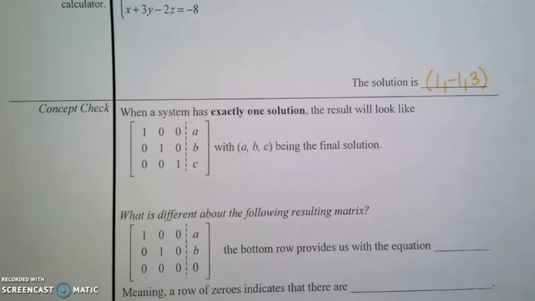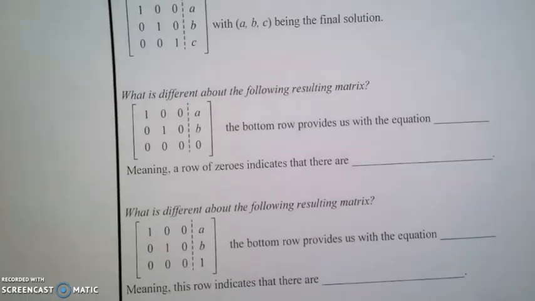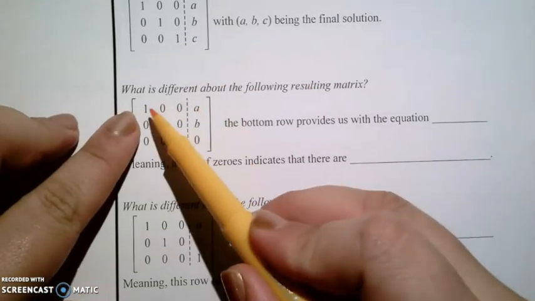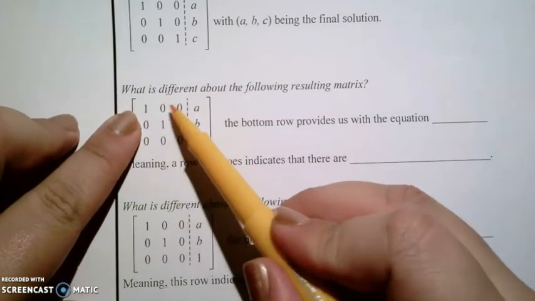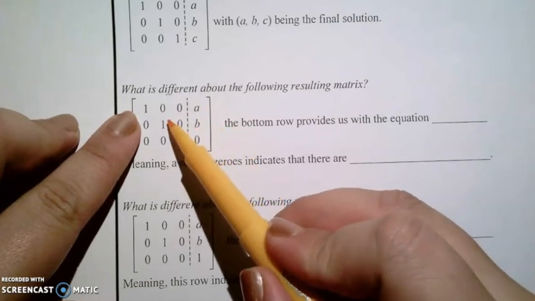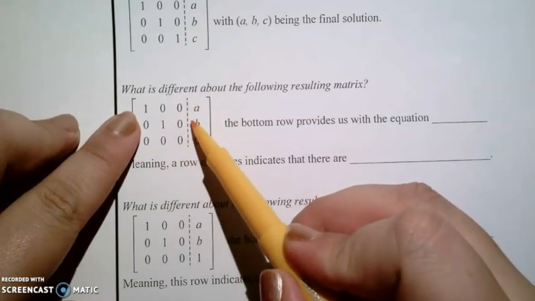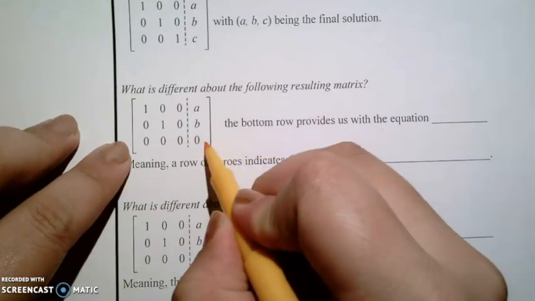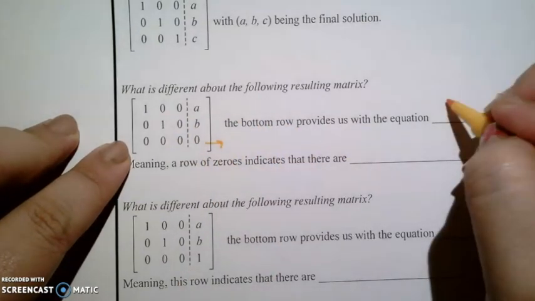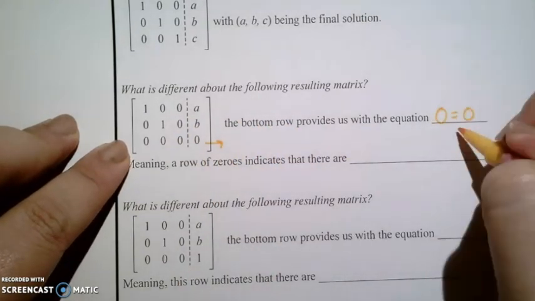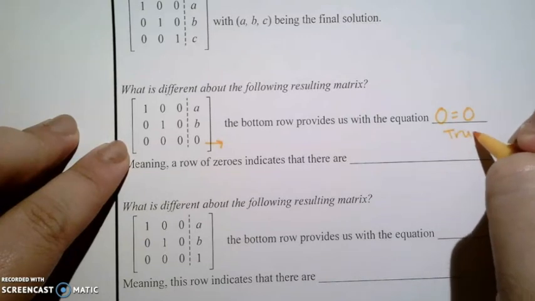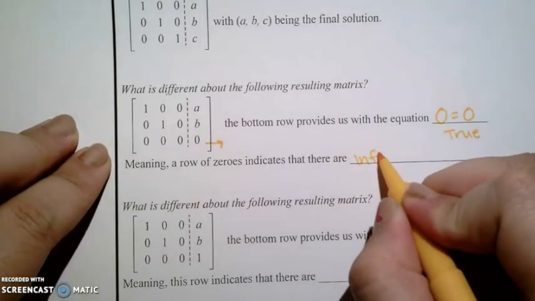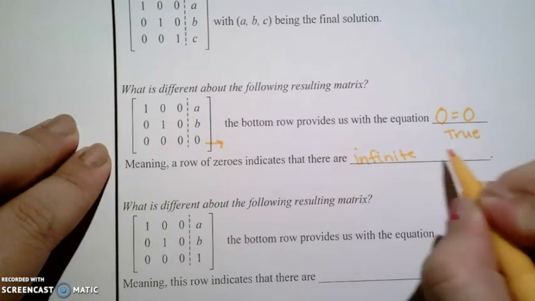Well, if we're looking at our second example here, we could have a matrix that reduces to X equals A, Y equals B, and then 0 equals 0. Well, this bottom row means that 0 equals 0, which is true. That means that there are infinite solutions.